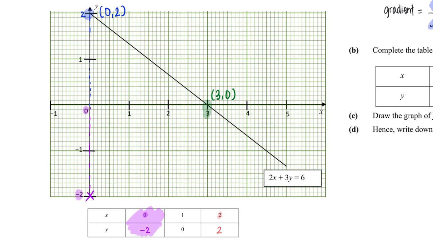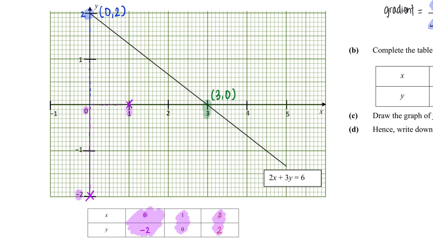Do mark with a big cross. My next point will be when x is 1, y is 0. When x is 1, which is here, y is 0, which happens to be this particular point, because that's the point where y is equals to 0. Last, when x is 2, y is 2.